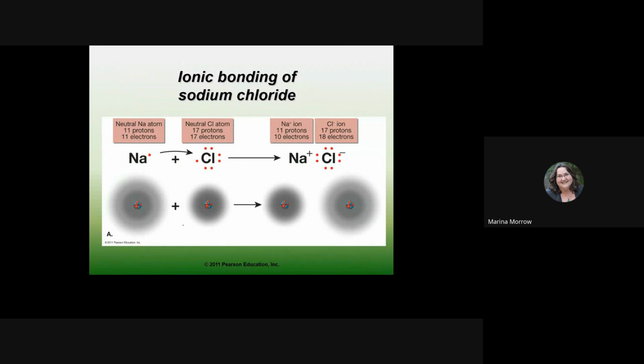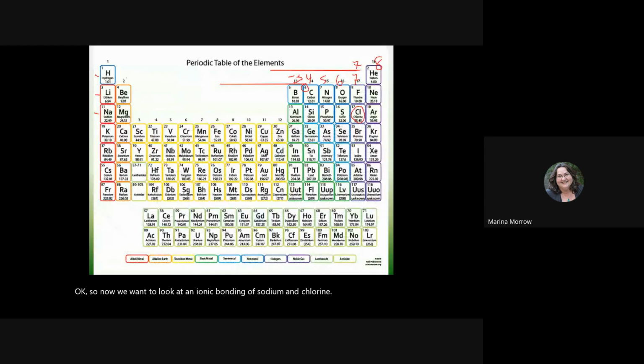Okay, so now we want to look at an ionic bonding with sodium and chlorine. So sodium, go back to the periodic table. Here's sodium. Sodium is in column number 1. It's got 1 electron in its outer shell. That electron is sticking out like a sore thumb.